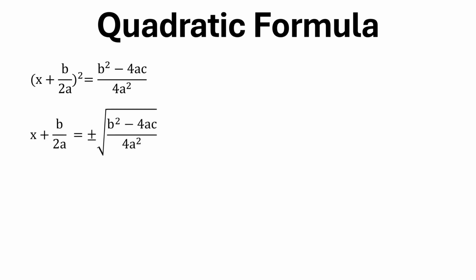Now, find the square root of both sides. x plus b over 2a equals plus or minus the square root of b squared minus 4ac, divided by 4a squared. Since the square root of 4a squared is 2a, x plus b over 2a equals plus or minus the square root of b squared minus 4ac, divided by 2a.